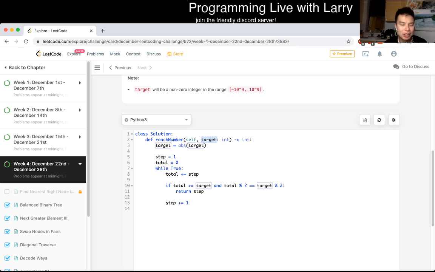So you may see in the forums or something like that, I haven't read it yet, that people would say this is square root of target time, which is technically true, but to be pedantic, the complexity is usually measured in the size of the input. And here the size of the input is an int, meaning that an int representing target takes log of target number of space or bits to represent.